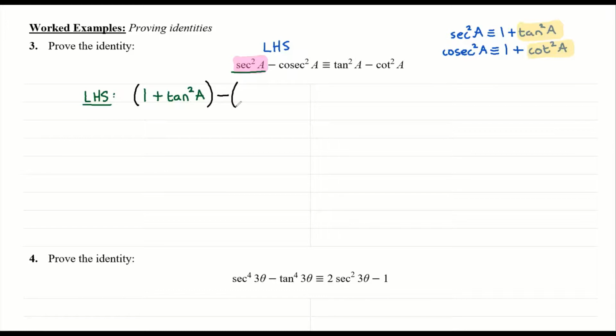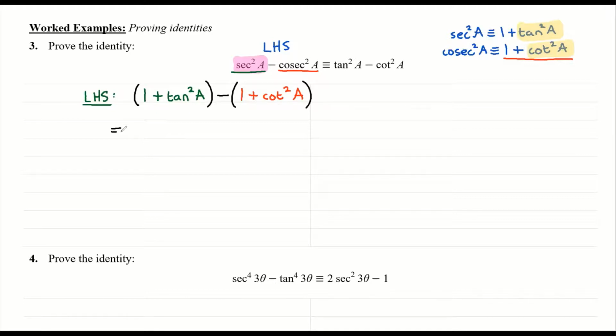Now, cosec squared, as we can see, I can replace with 1 plus cot squared, so that's going to be 1 plus cot squared A. And I'm going to close that bracket as well. I'm not putting that identical to anything. I'm just going to show that we're going to get tan squared subtract cot squared later.